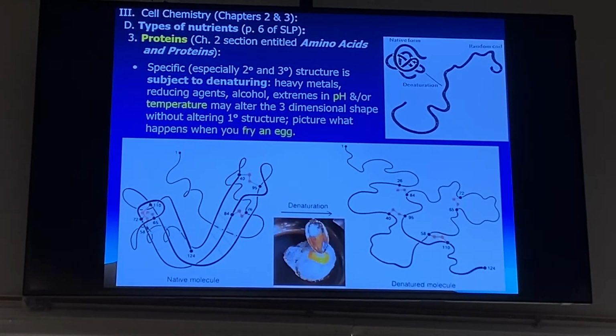It says right there, alters the three-dimensional shape of the protein without altering primary protein structure. It's still the same. A good illustration is frying an egg. Again, this is permanent. Even if you put it back in the fridge, it's not going to go back to that snot. Okay?